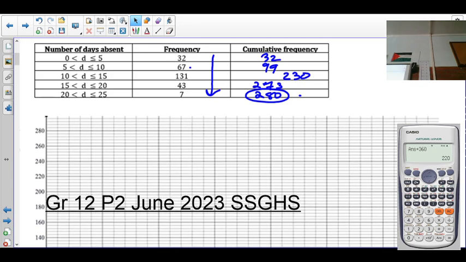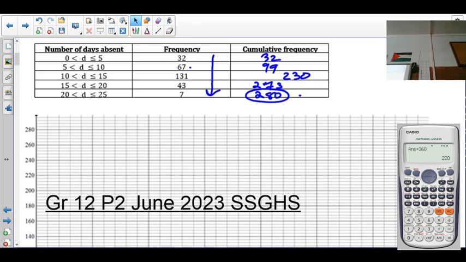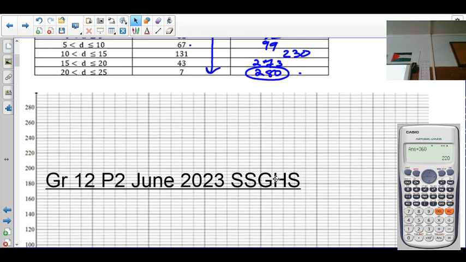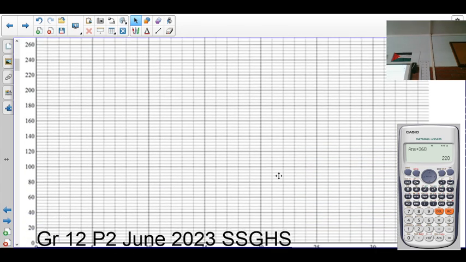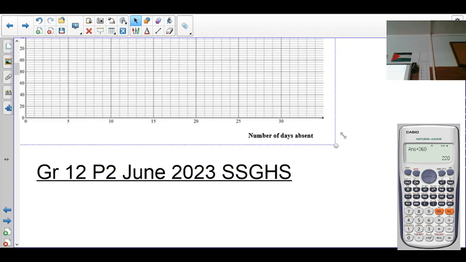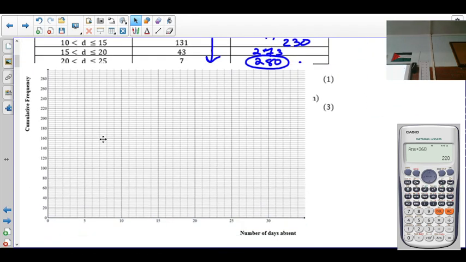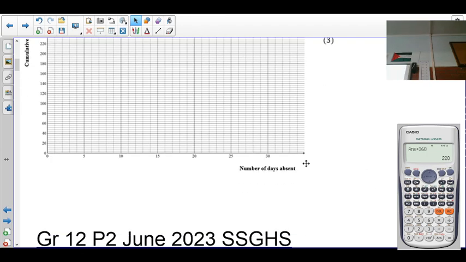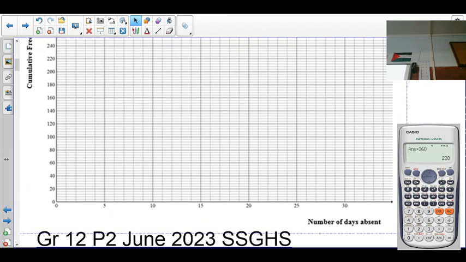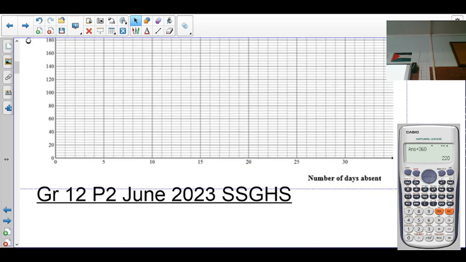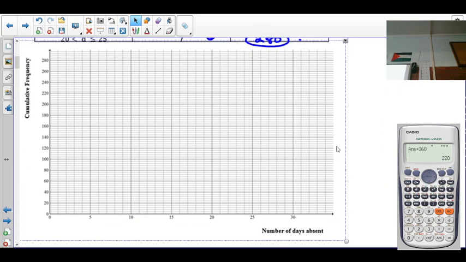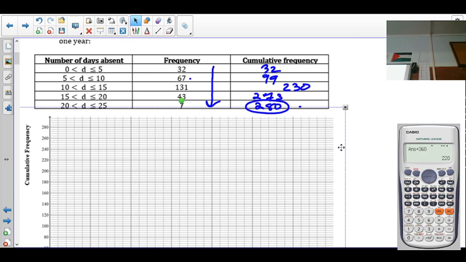So to draw the ogive graph, I would probably need to make this a bit smaller. But we actually don't want to make it smaller because of the closeness of these values. Okay, so when we plot the following, we go with 5 and 32, 10 and 99.